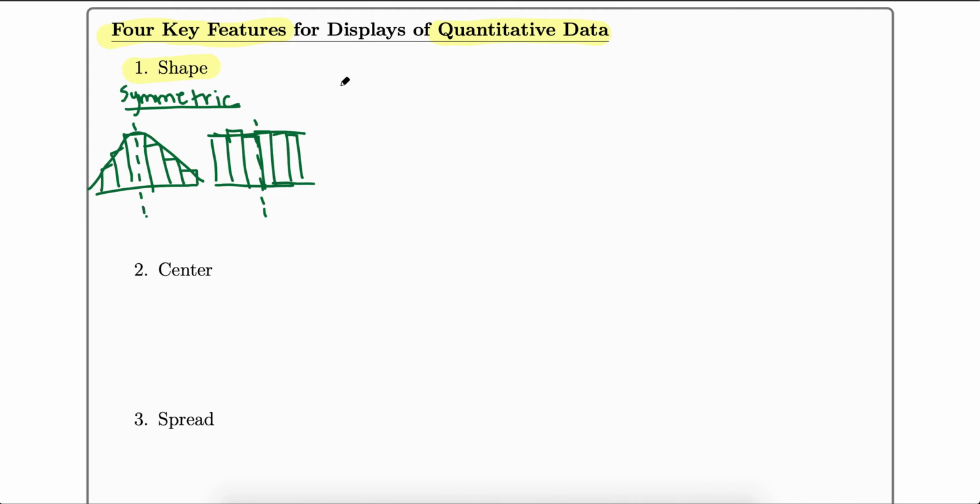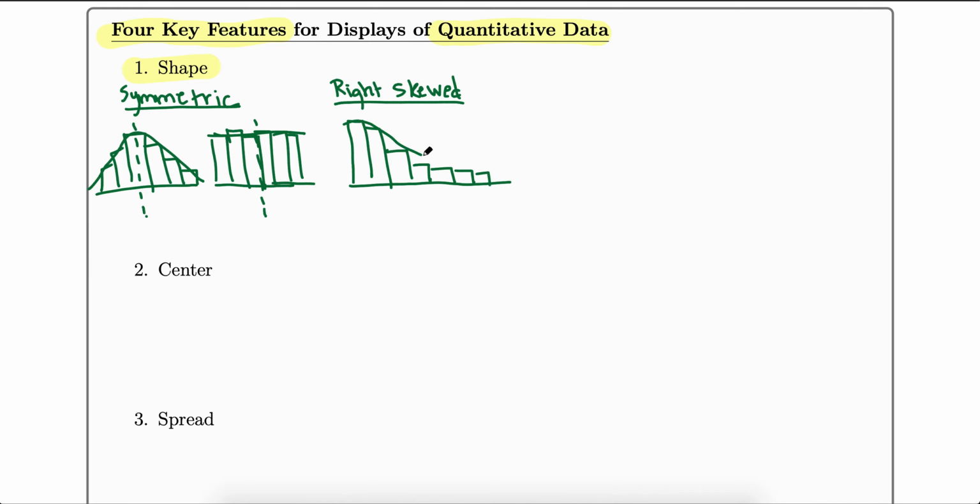The next one is this idea of right skewed data. Some people get confused about the direction of the skew. The direction of the skew is where this is trailing off. So right skewed data, the bulk of the data is actually on the left, and it trails off towards the right.